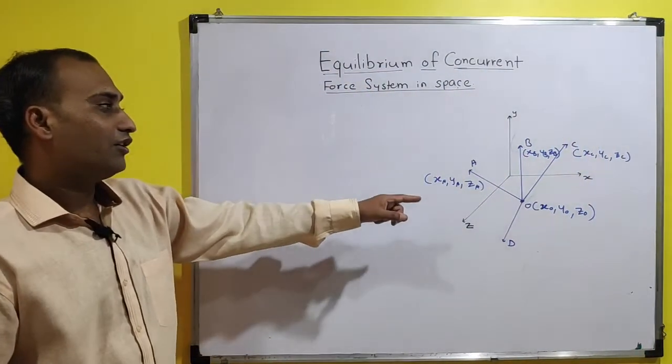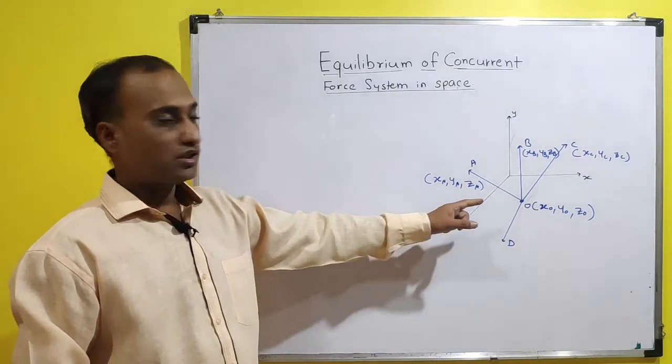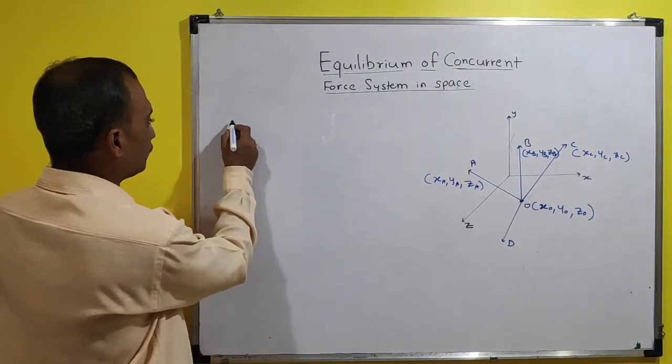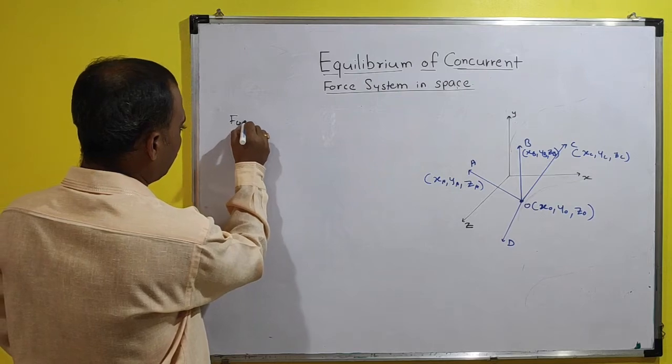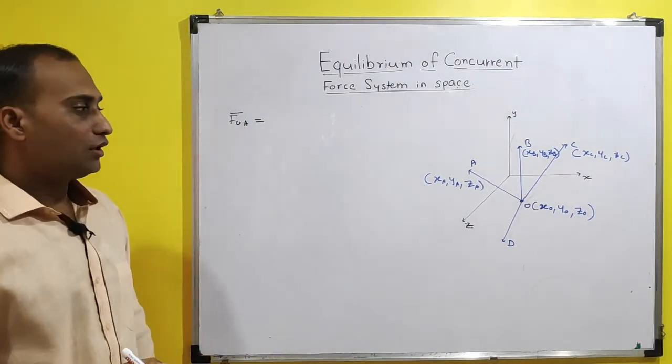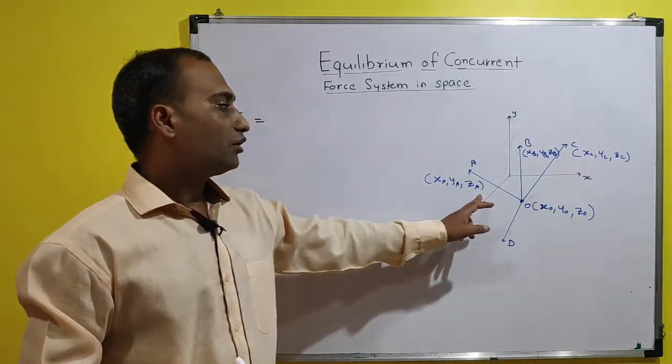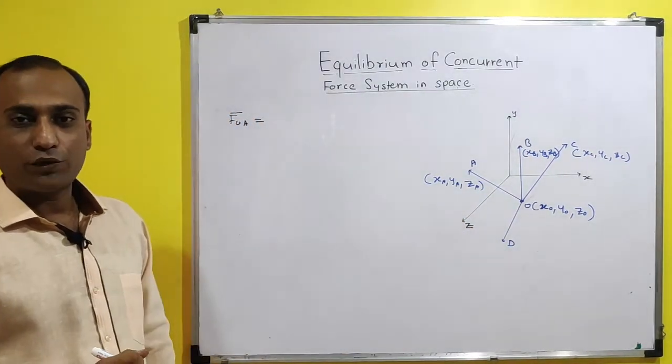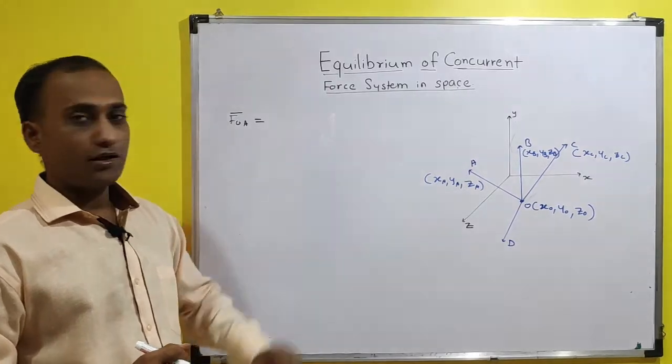So let's consider the first force, that is OA. To write force vector OA, how do we write this? We know it will be the magnitude of this force times the unit vector.